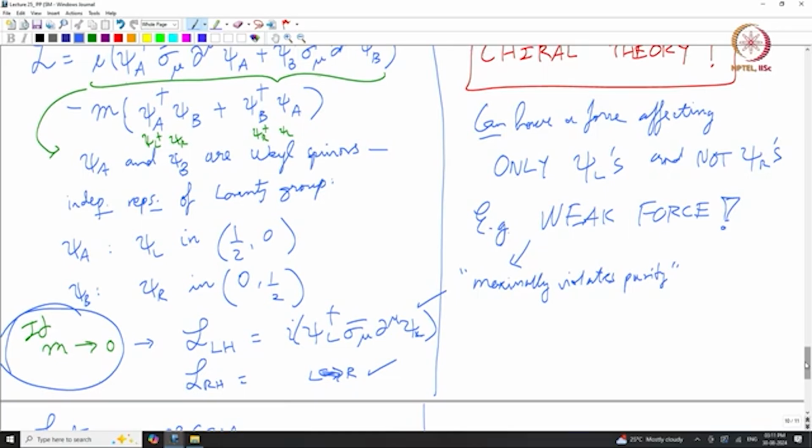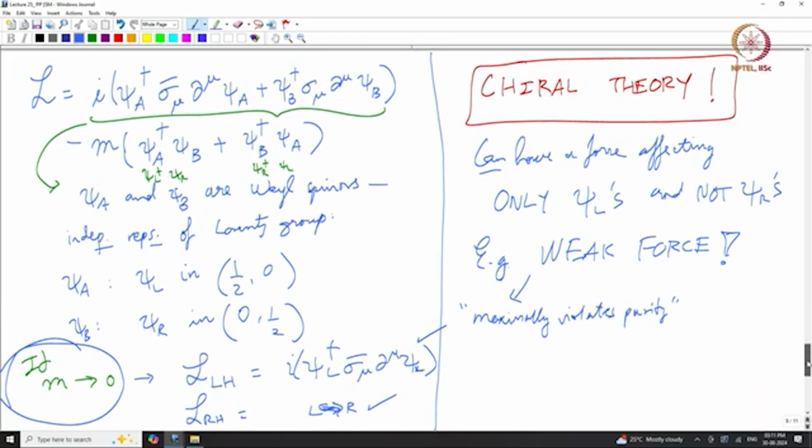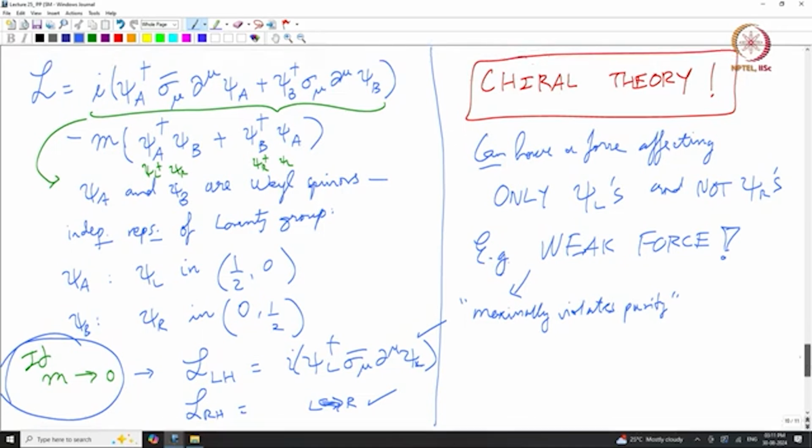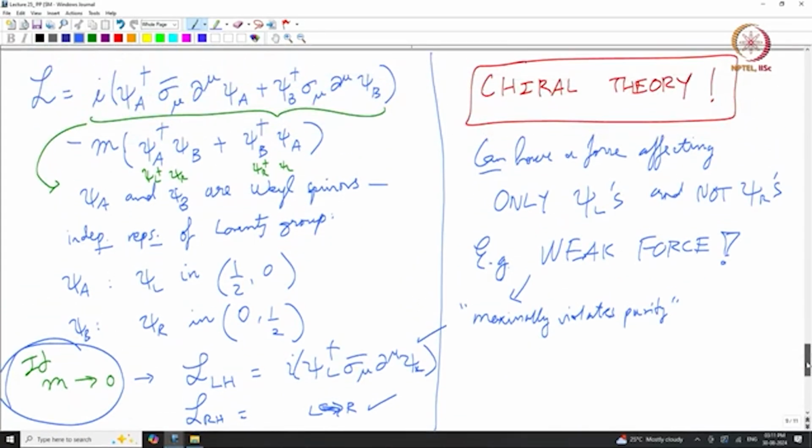And finally we got our first glimpse of some of the intricacies of the Standard Model, which is that in a theory where the fermion masses vanish, the left handed and right handed Lagrangians can exist independently. You can have two completely different theories existing independently, and that is what we call a chiral theory.